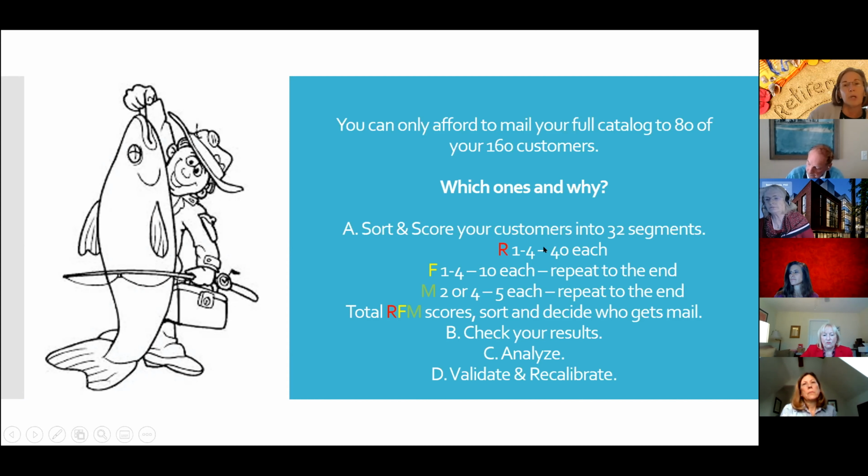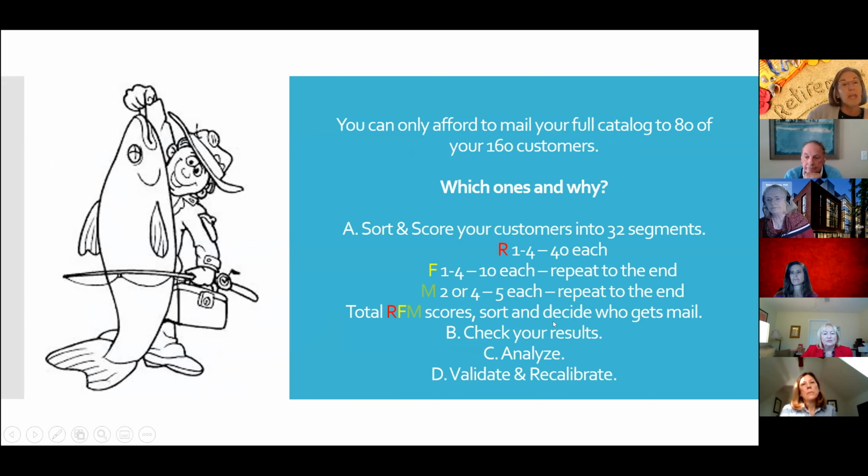We're going to go 1 to 4 in each of the first 2 categories. Then we're going to take the 1s and the 2s and the 3s and the 4s, and break each of those down into their frequency level. And then we're only going to break down the monetary into 2 categories. We're going to walk you through how to do this, and this is what we're going to work on in a minute.